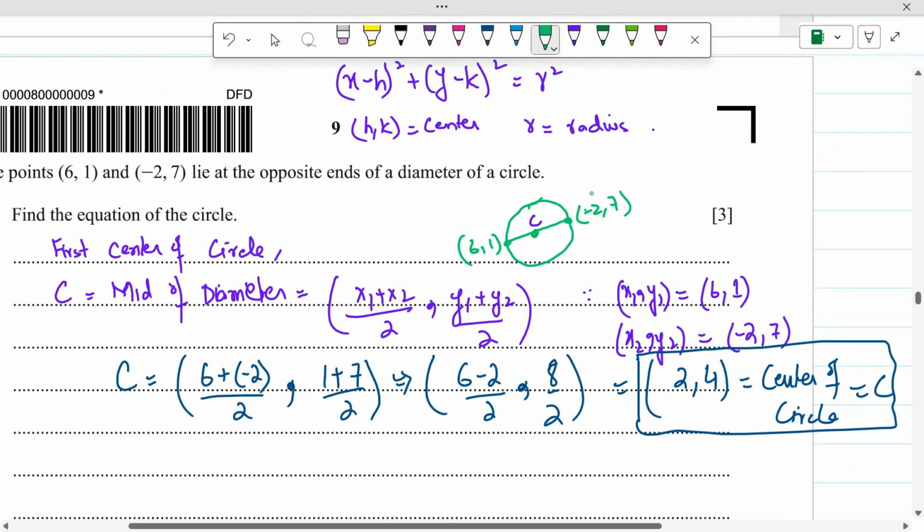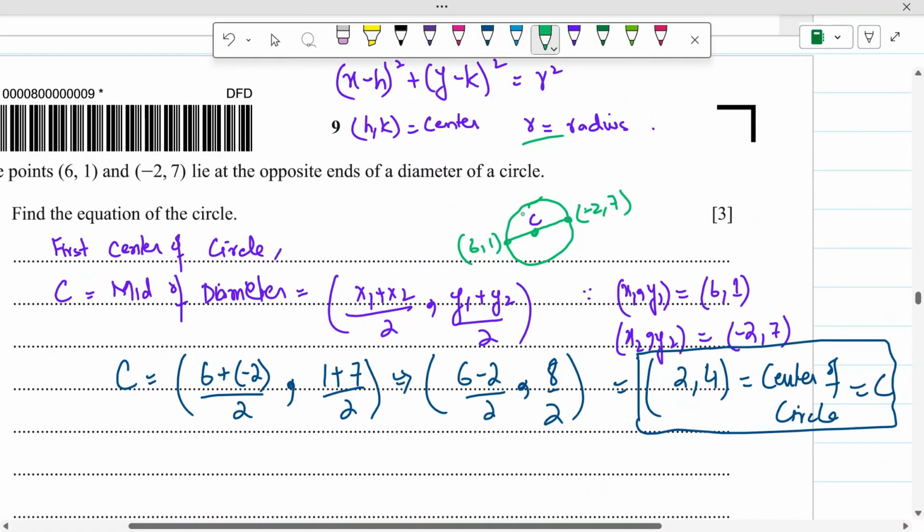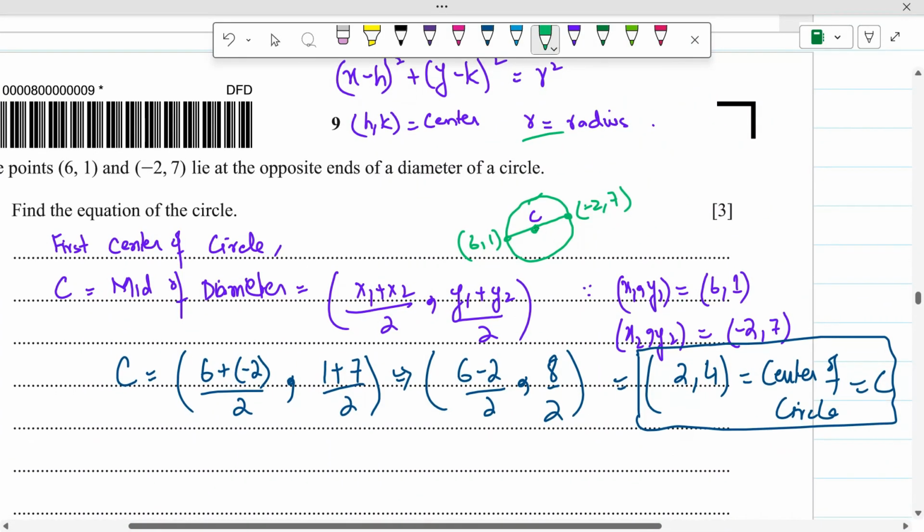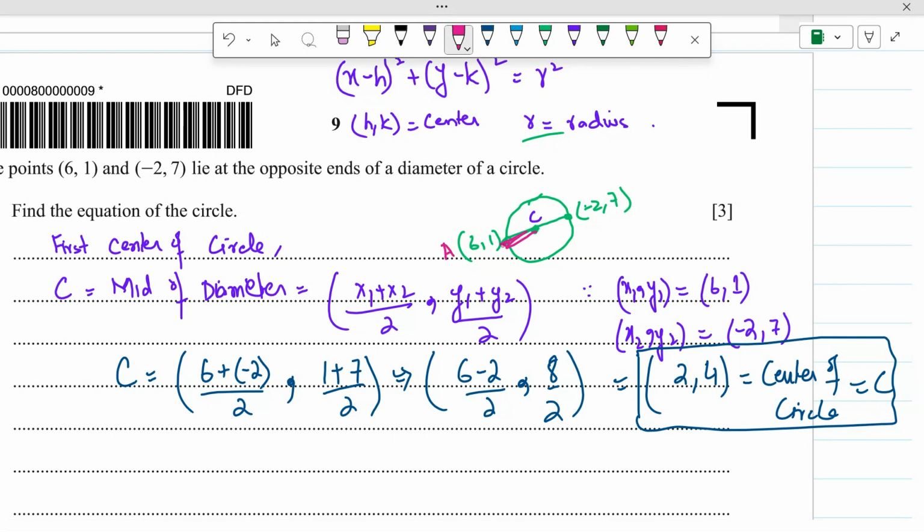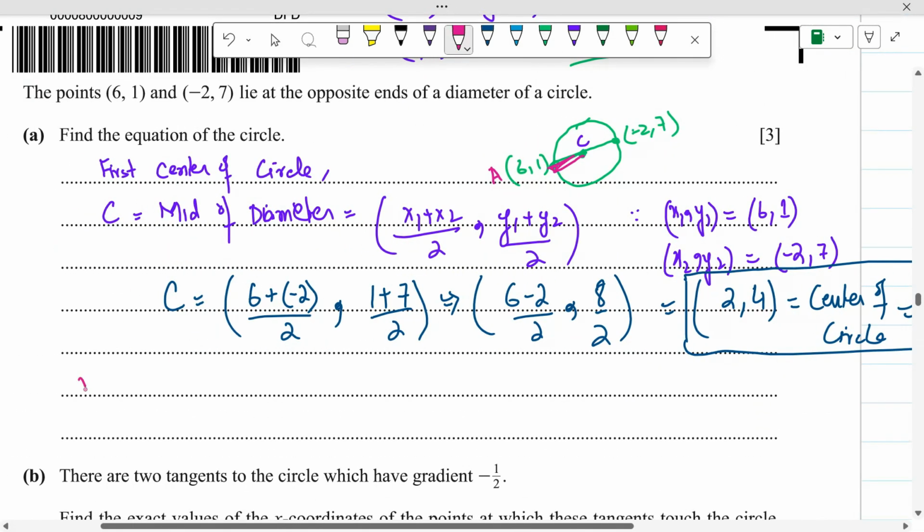Now we have the center, we need the radius too. We know that the radius is the distance from the center to the endpoint of the diameter. So if we find the distance from C to this point, if we call it A, then AC is the radius.